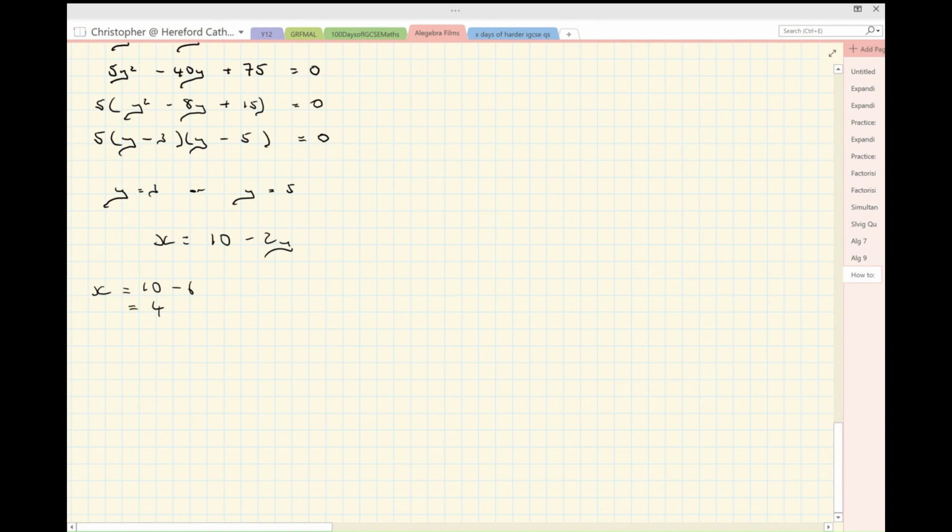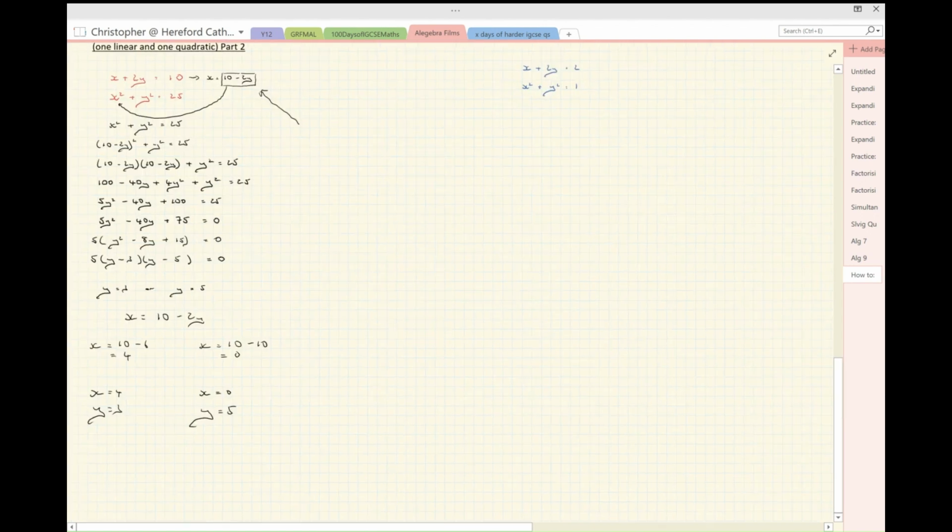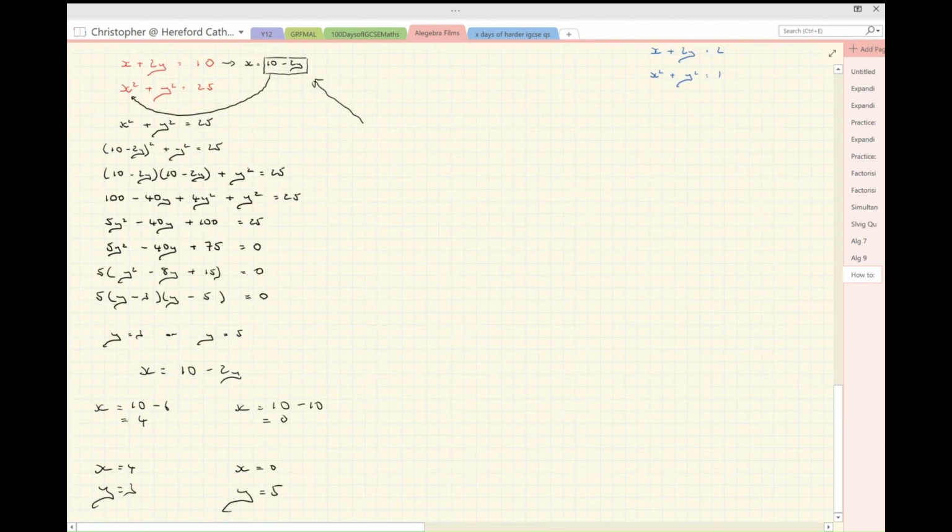And if y is 5, then x is 10 take away 10, 0. So my two solutions are x equals 4 and y equals 3, or x is 0 and y is 5. So that is how to solve the equations when they're given to you in this form.